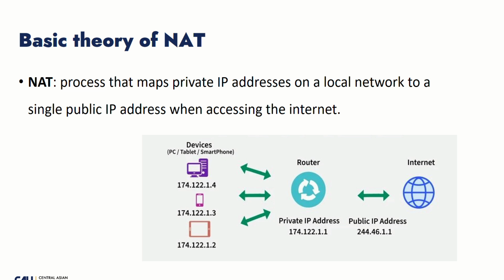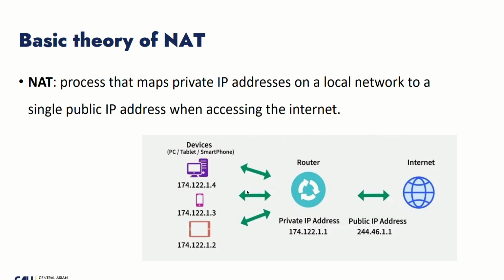But as we are in IP version 4, your devices in a particular local area network, either university, campus, house, or office, will be assigned private IP addresses, as you can see in this diagram. And those private IP addresses, for example this one 174.122.1.4, are only visible within that particular network, maybe like an office area or the home area.